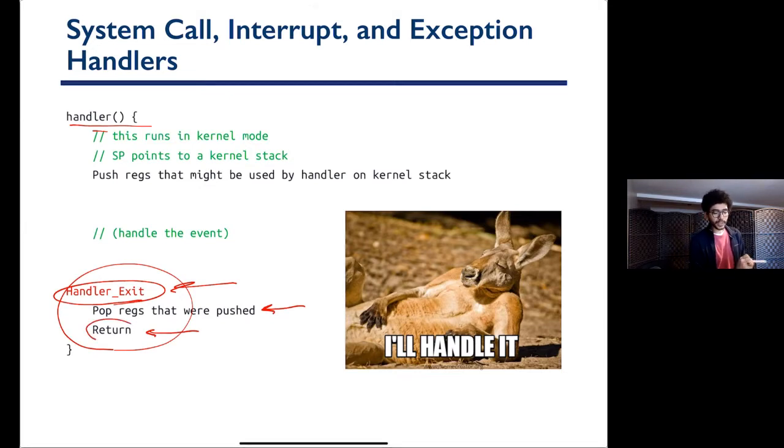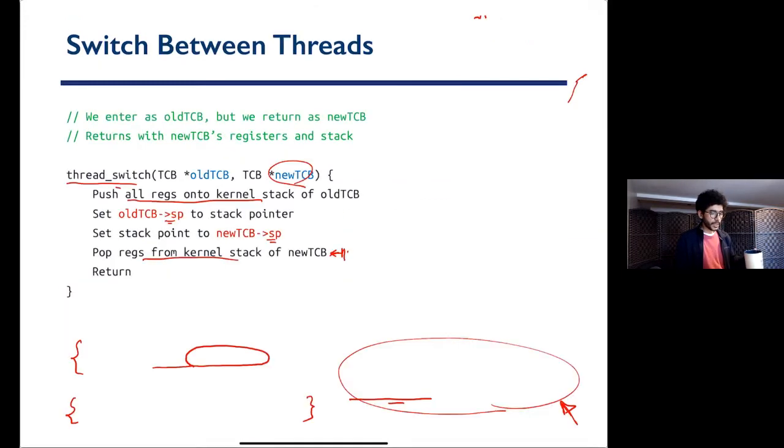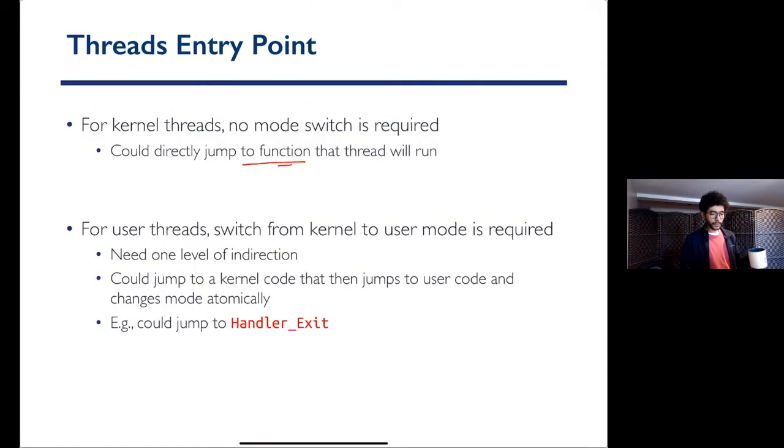Therefore, this return will jump to that function, and it also changes the mode for us. So we can use this for our special function that would do a mode switch and also jump to the function that we want to run in this thread. So let's see how that works.